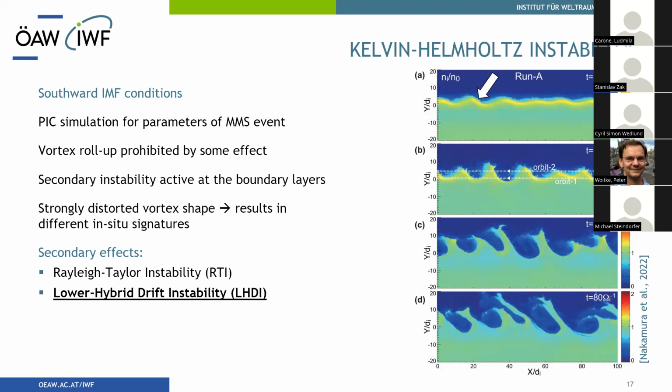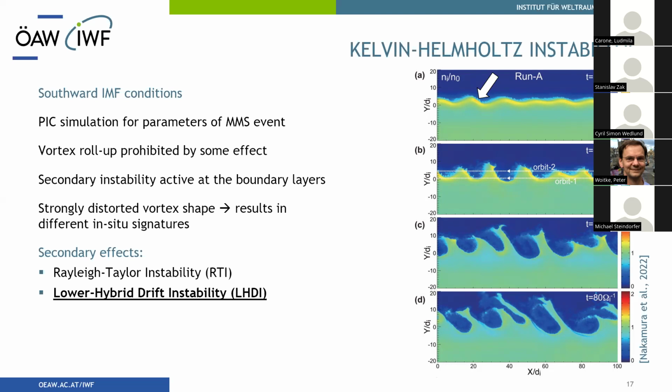As the name suggests, hybrid here tells you the scale is between the electron and ion scales. So this is perfect for MMS observations. And what is seen up here in this first panel and also in the second one, you have these small scale perturbations along the edge, along this boundary layer of the waves.